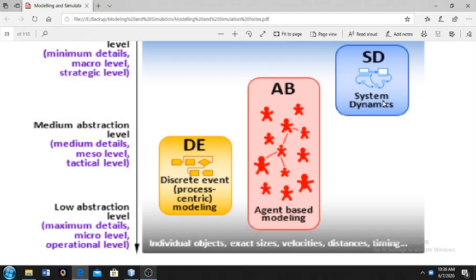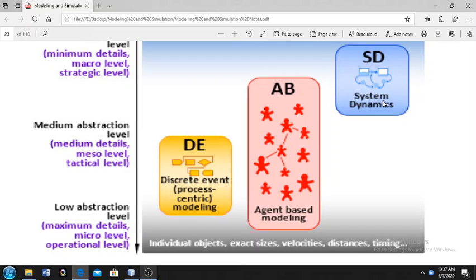System dynamics is meant for high abstraction models. Agent-based can be used for low and medium, but you can also use it for not very high abstraction, like human resource, which is really high, but not like a social system, when it comes to understanding the whole social system and behaviors.